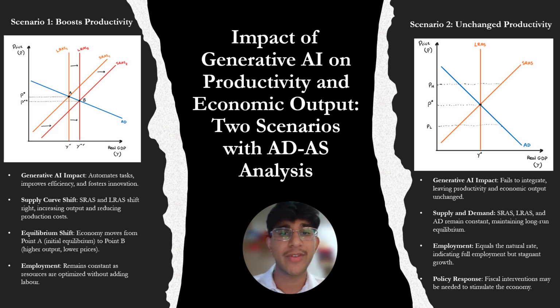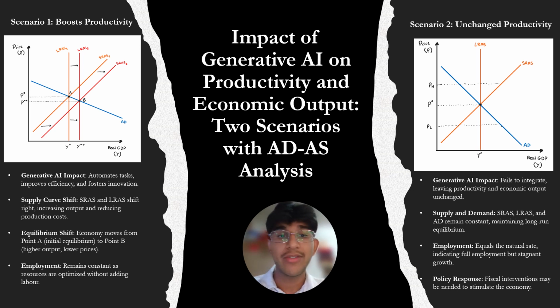This state is referred to as long-run equilibrium, where aggregate demand equals both the long-run and short-run aggregate supply. At this equilibrium, the unemployment rate is equal to the natural rate, indicating that the economy is operating at full employment. However, the lack of productivity gains implies missed opportunities for growth, innovation, and improvements to living standards.